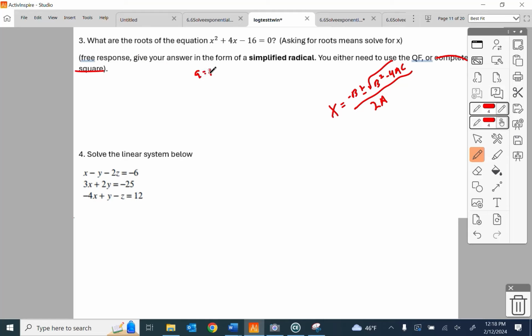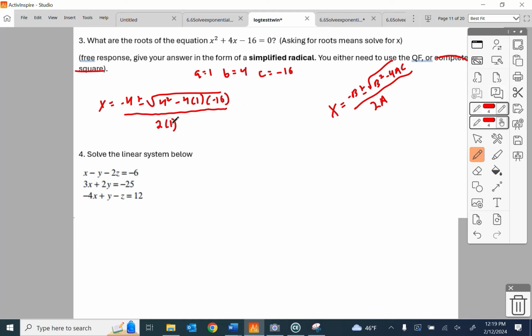So a is 1, b is 4, and c is negative 16. I'm just going to plug that stuff in. Opposite of a positive 4 is a negative 4, plus or minus square root of 4 squared, it's b squared, minus 4 times a, which is 1, times c, which is negative 16, all sitting pretty over 2 times a 1.